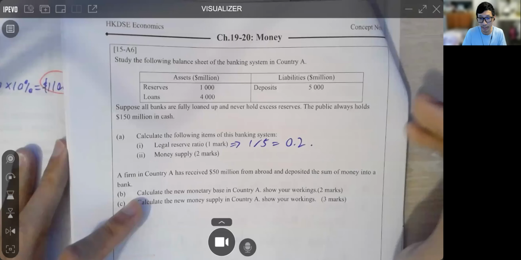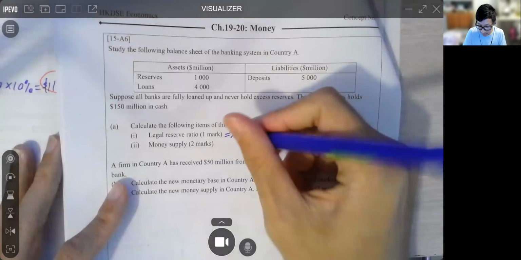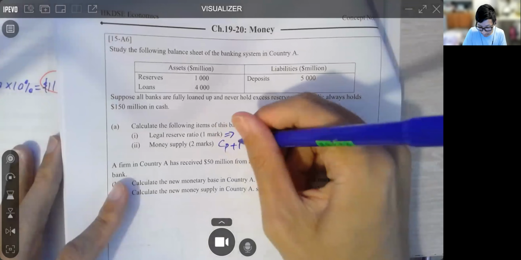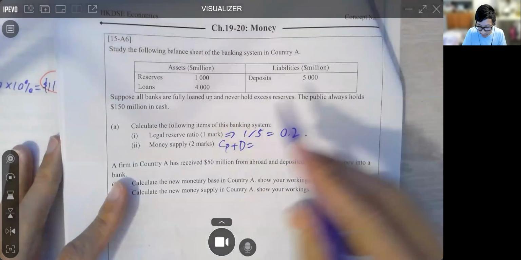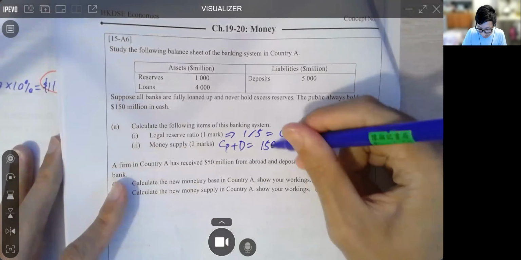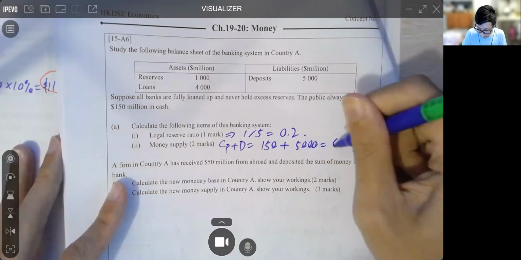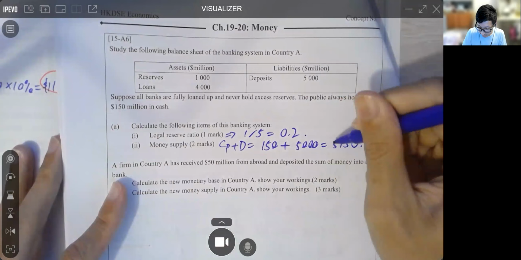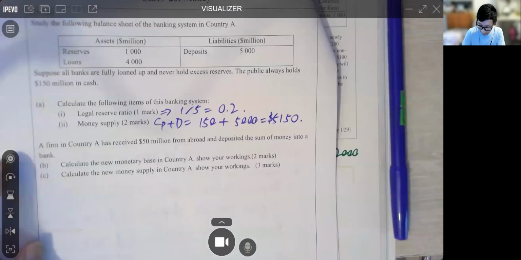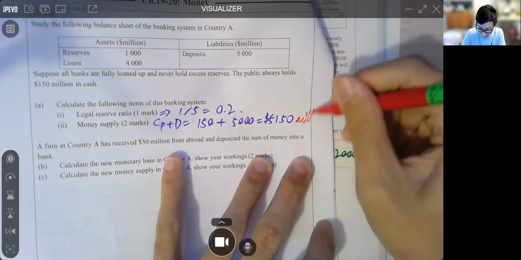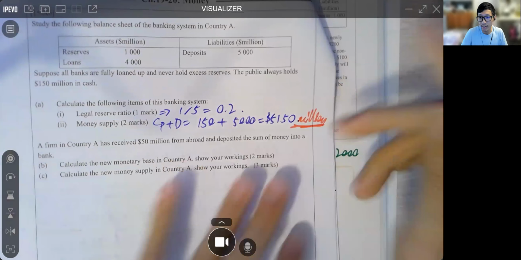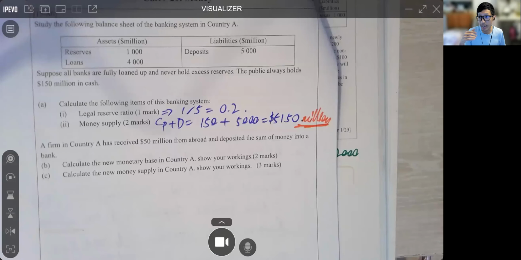And the money supply would be CP plus deposit, which would be CP 150 plus this one, 5150. Is that right? Million, don't leave out the unit.